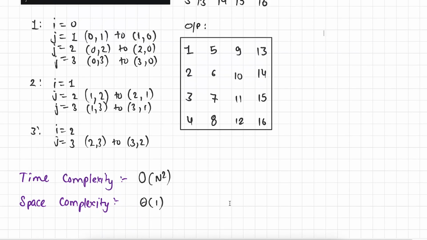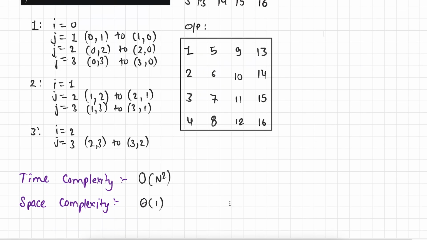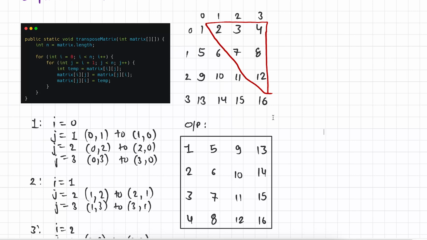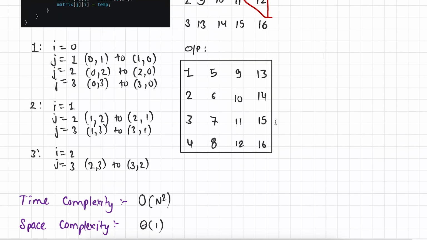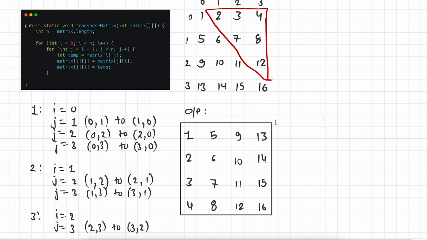So let's move on to the next part of this segment, that is time and space complexity. If you look at this implementation, it becomes very critical to say how many times this loop is running. So whenever we encounter this type of case, we simply use our best friend, that is big O. So when we are not sure about how many iterations there are, we can simply say the upper bound of the algorithm.